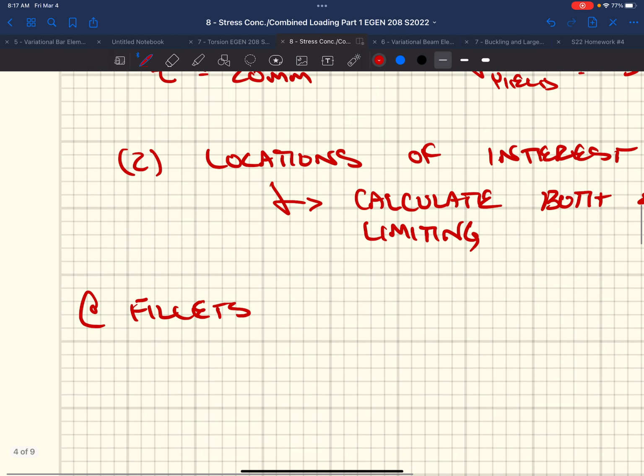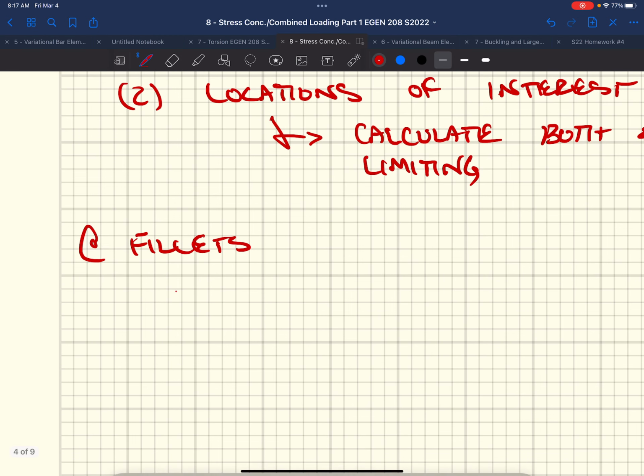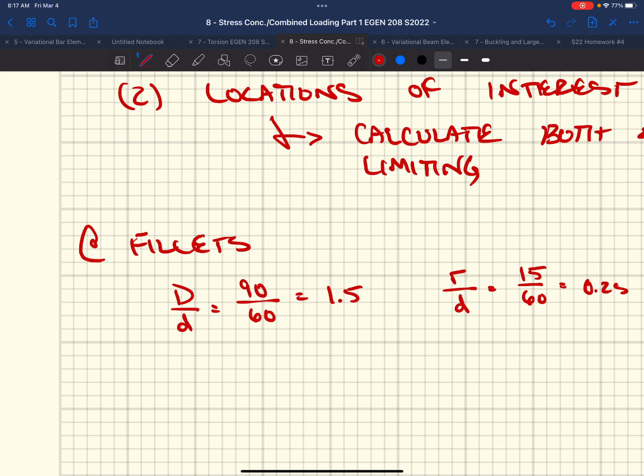So I'm going to first calculate this D over d ratio, big D over little d. That's our curve. In this case, we have 90 millimeters over 60 millimeters, or 1.5. The other one we need, our x-axis, was our radius over the small width d. So we have 15 over 60, or 0.25.